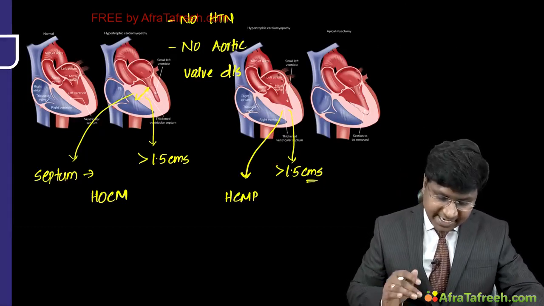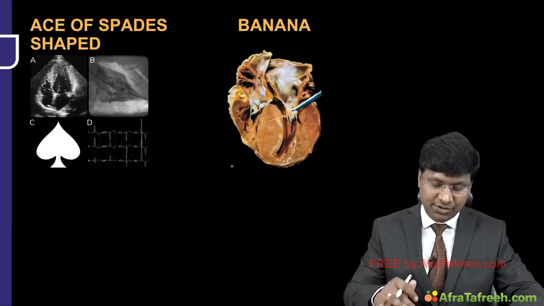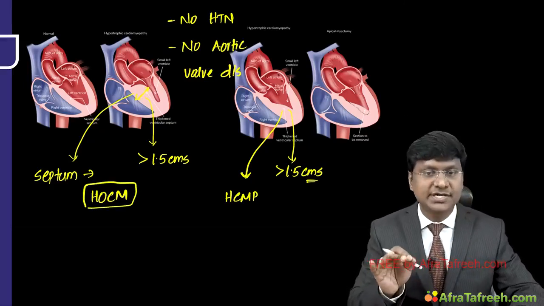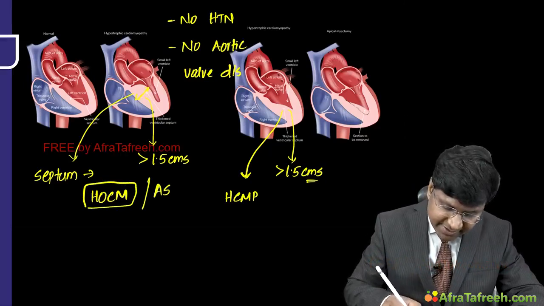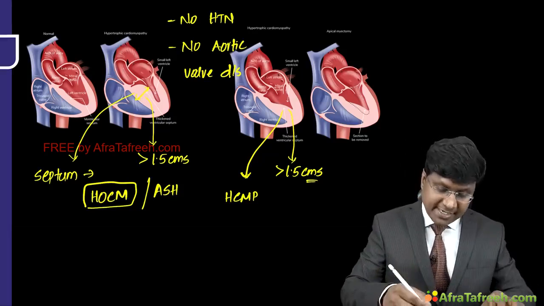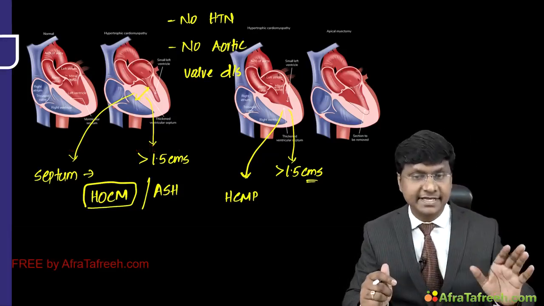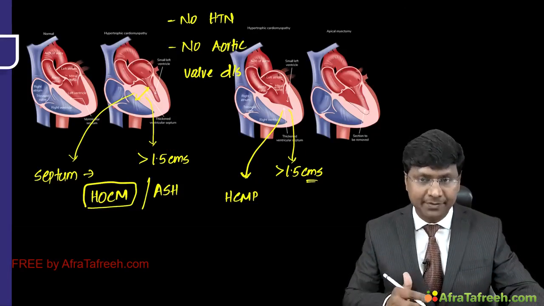But in spite of the absence of any infiltration, there is hypertrophy in hypertrophic cardiomyopathy. Previously, this was termed hypertrophic obstructive cardiomyopathy, and another name is asymmetrical septal hypertrophy, because the septum is not symmetrically hypertrophied; it is only the base of the septum which is hypertrophied. That is why it is called ASH, asymmetrical septal hypertrophy.